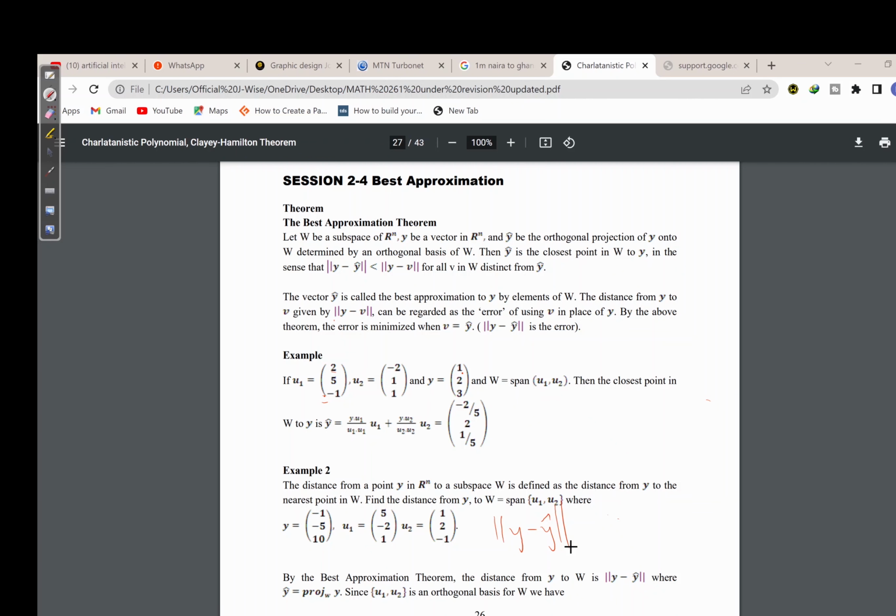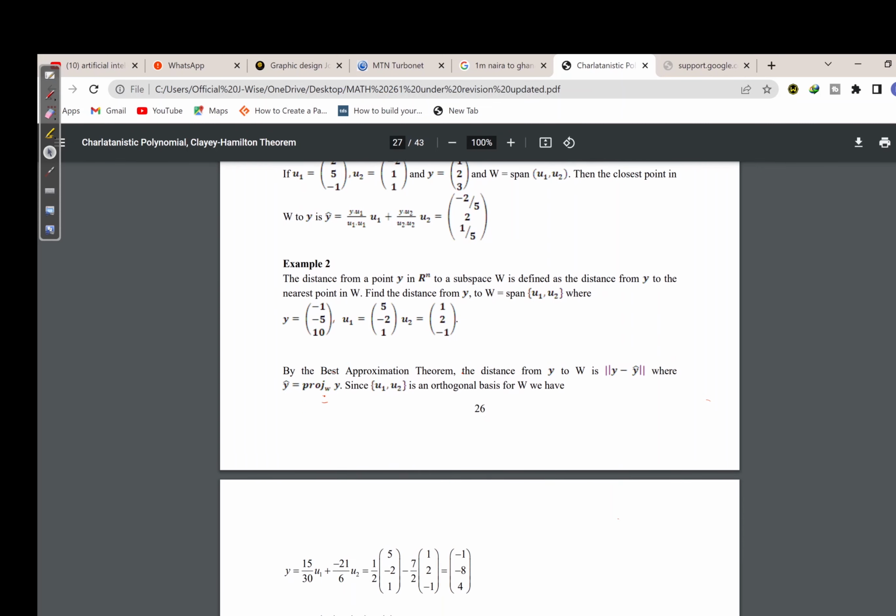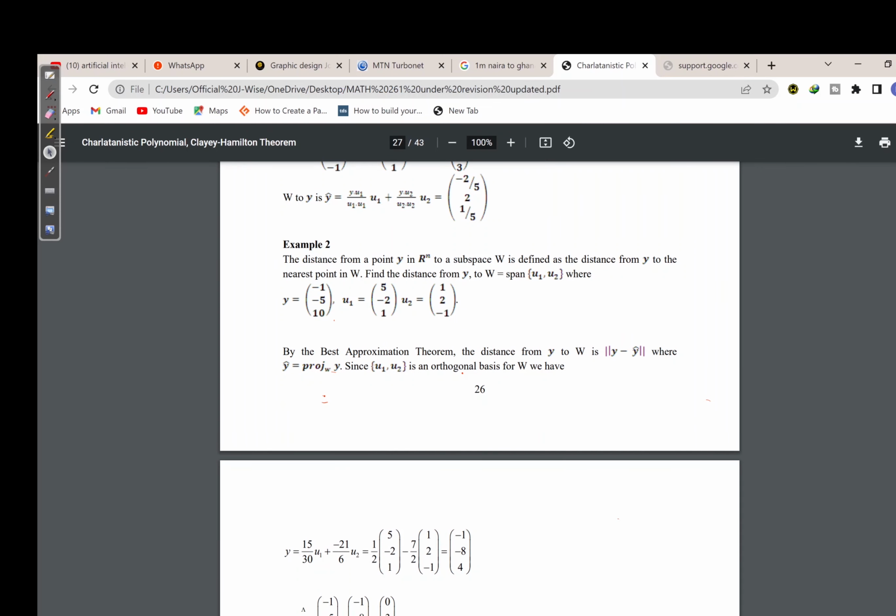Okay, so first of all, we find y hat. The y hat is the nearest point in W, or the same as the best approximation, and it's the same as the orthogonal projection of y onto W. So y hat is given by (y dot u1 over u1 dot u1) times u1 plus (y dot u2 over u2 dot u2) times u2.